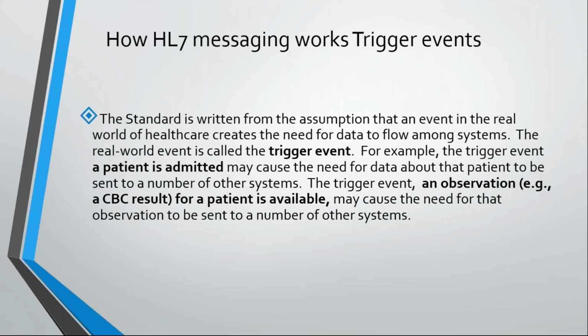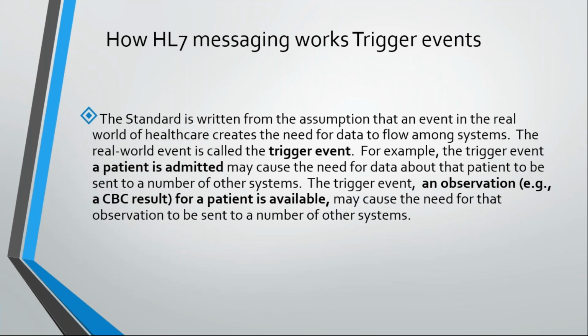Now, as soon as the trigger event is generated, that particular event is called a trigger event, the starting point that says data should go from PM to EHR. As soon as that trigger is generated, the message that is stored, the data that is stored, will be converted to HL7 and that will go to the EHR. There could be many events happening in the hospital.